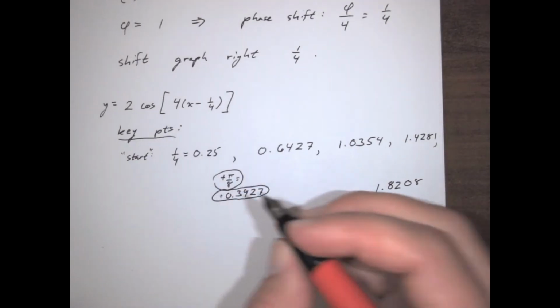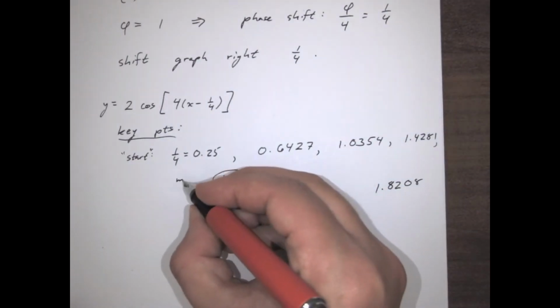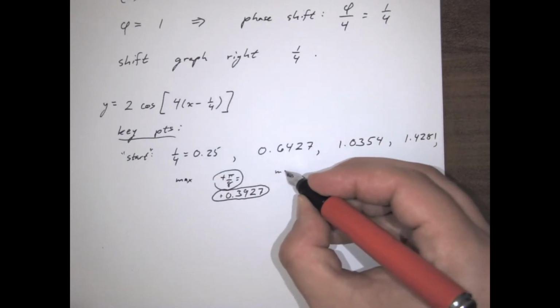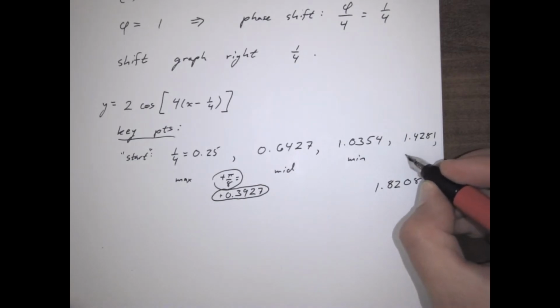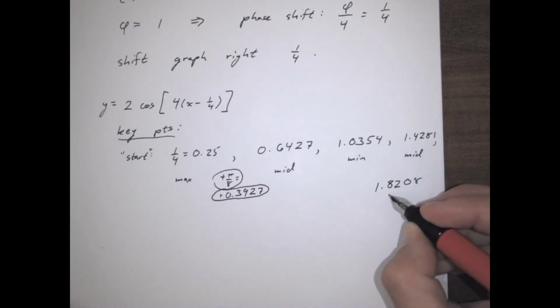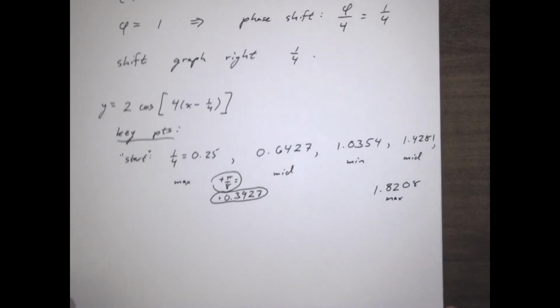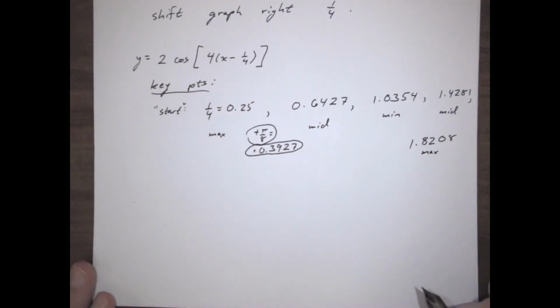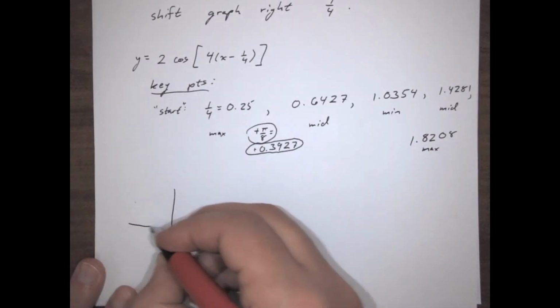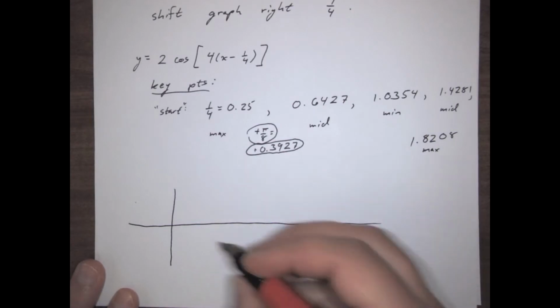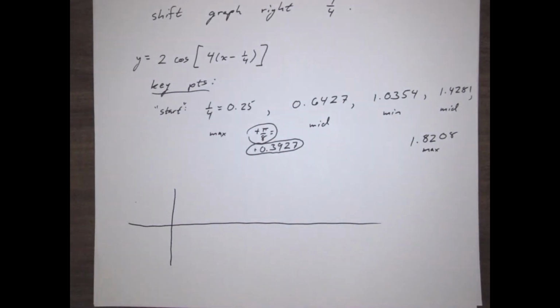Now thinking about this, it is a cosine, so that means the maximum will be where it starts, then it'll be at the midline, then it'll be at the minimum, then it'll be at the midline again, and it will finish by being at the maximum again. Okay, so that's where we are on our graph. When it comes to plotting this all out, the important thing is that we use a nice consistent spacing for everything.